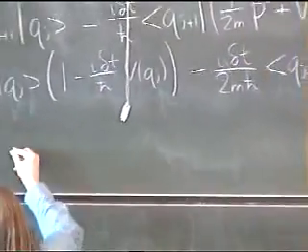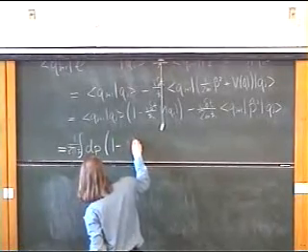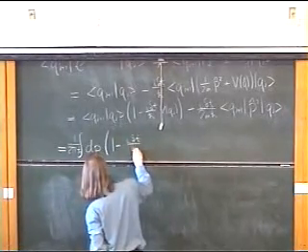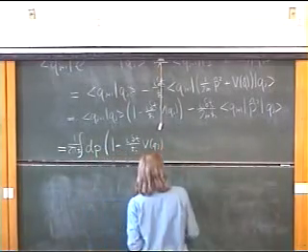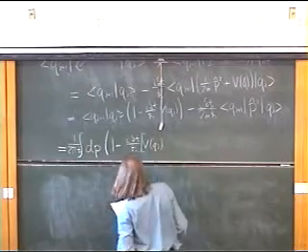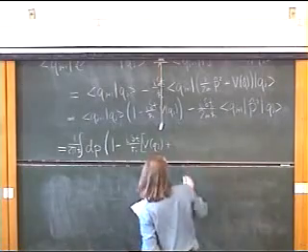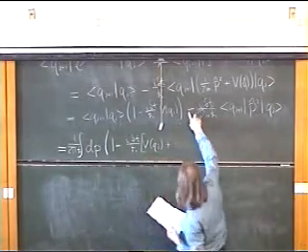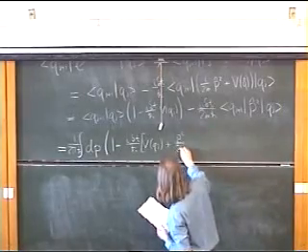If you collect all these terms, it looks a little messy, but we've got 1 minus i delta t over h bar v of qj plus, so the minus i delta t over h bar, p squared over 2m.